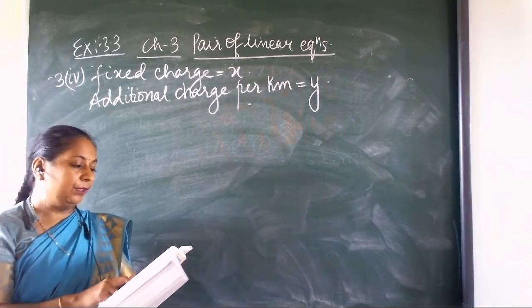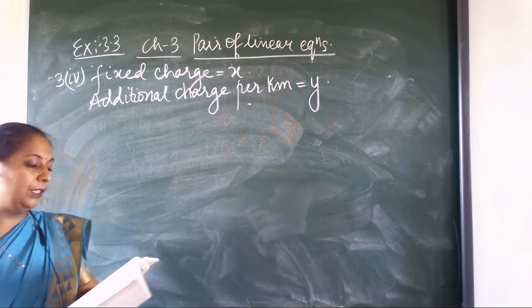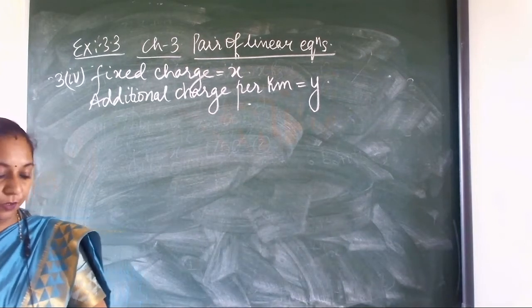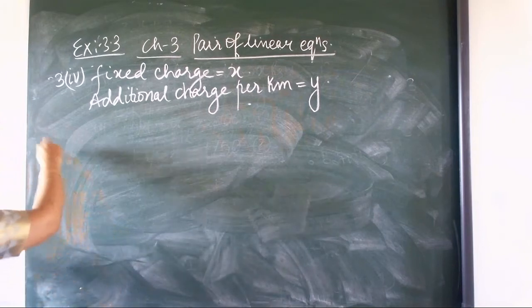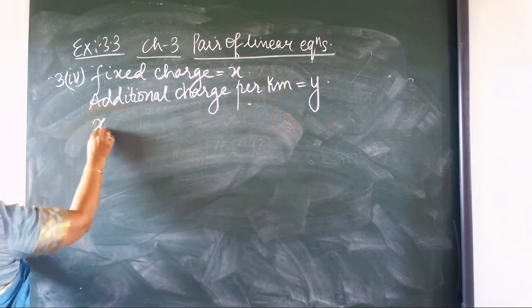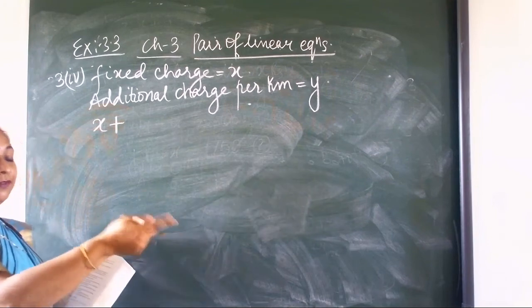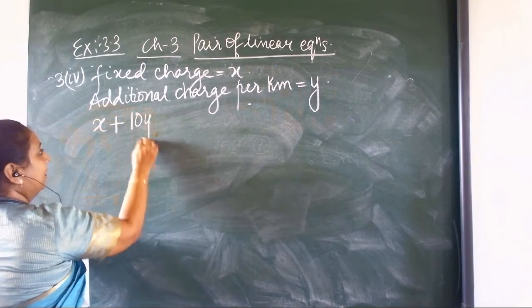Now for the distance 10 kilometers, the total charge is rupees 105. Means for covering 10 kilometers, the fixed charge x is there, plus for the 10 kilometers, 10 is to be multiplied by y.